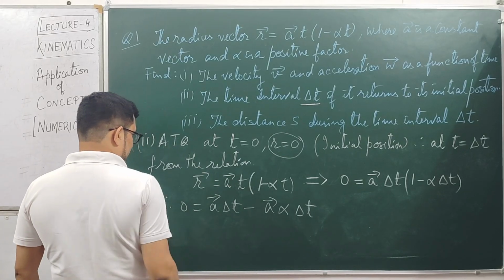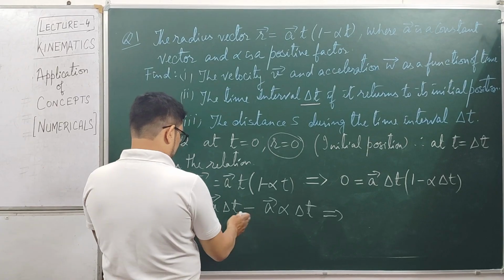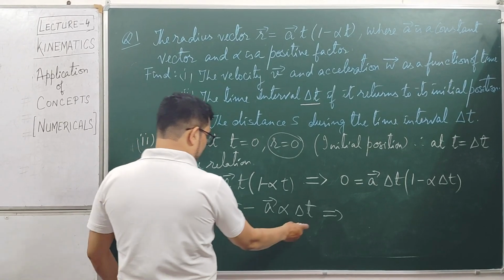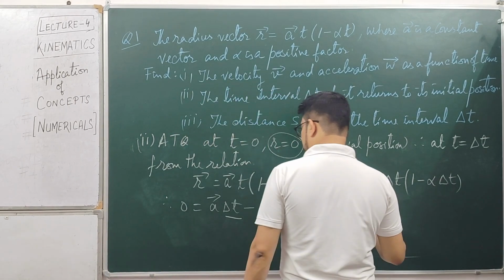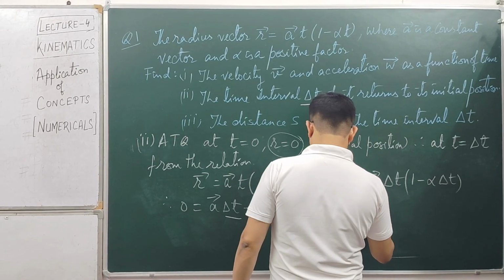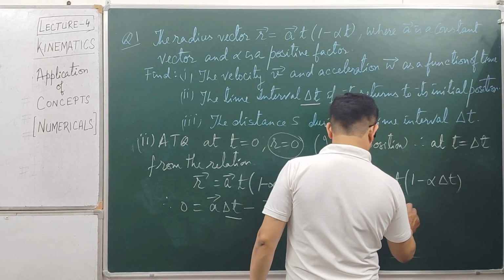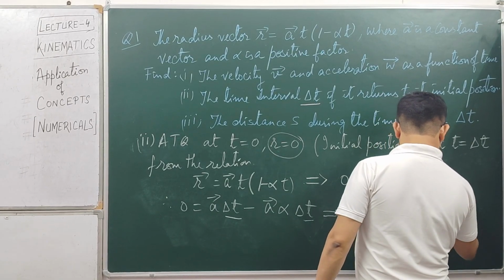Well, if you make delta t the subject of the equation, bringing the term to the other side, a alpha delta t squared is equal to a times delta t.